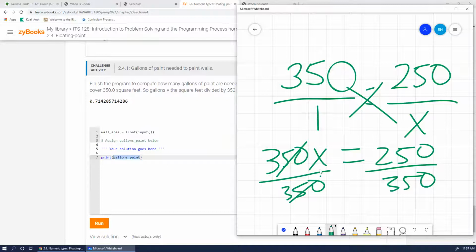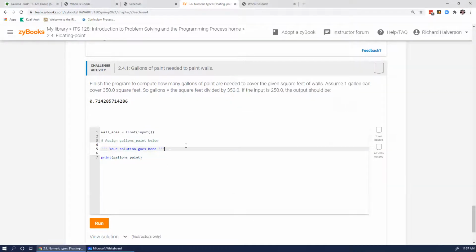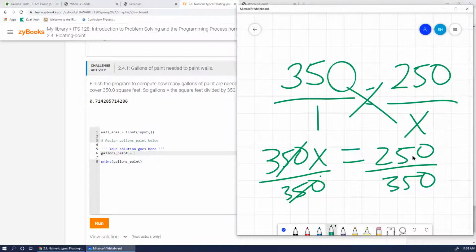So the number of gallons equals 250. So here's what the equation is going to look like: gallons paint equals the... 250 is the input number, 350 is this constant.